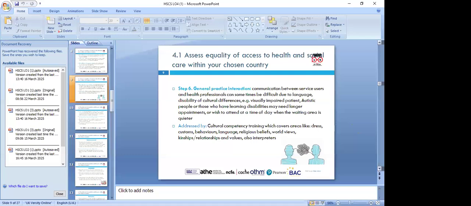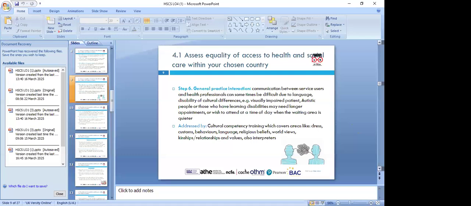Now, we've mentioned general practice interactions. One of the things we mentioned is that communication between service users and healthcare professionals can sometimes be difficult because of language, disability, or cultural differences. Aging, visually impaired patients, autistic people, or those with learning disabilities may need longer appointments or wish to attend at a time of day when the waiting area is quieter.